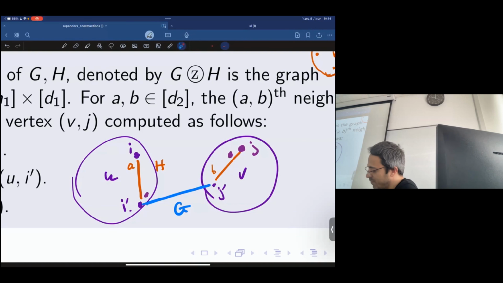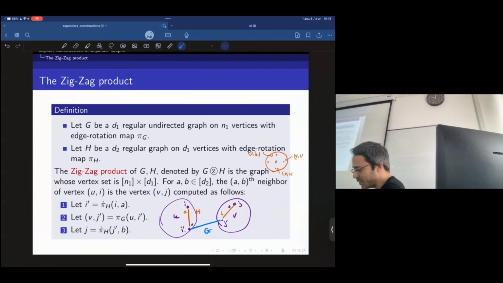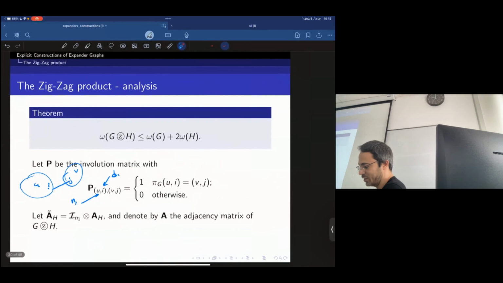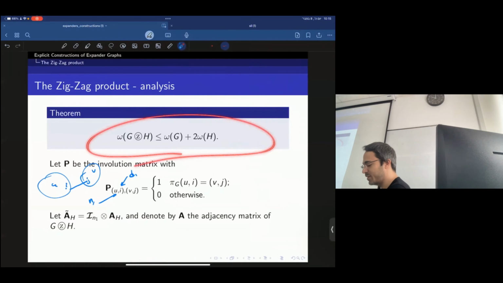Remember that. So the end result is that using AB, the AB edge neighbor of vertex (U, I) is vertex (V, J). Okay. So we did that already, talked a lot about it.